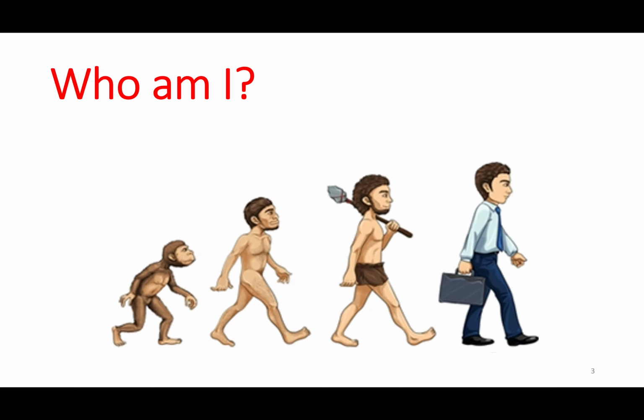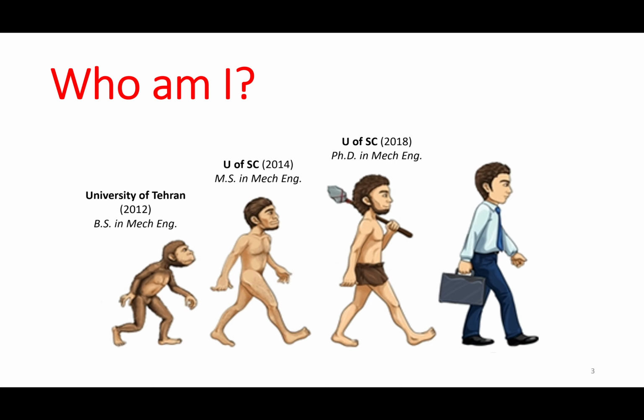Okay, who am I? I got my bachelor's from University of Tehran, which is located in Iran, in 2012. You can see this is an evolutionary human. I got a master's from University of South Carolina in 2014, and I received my PhD from University of South Carolina again in mechanical engineering in 2018.